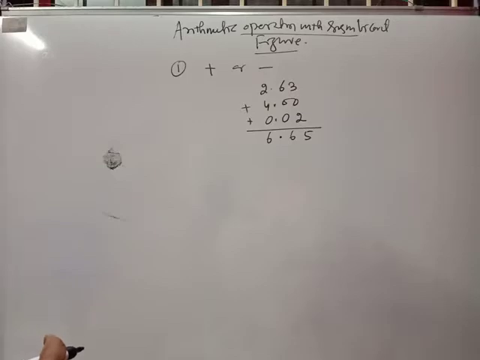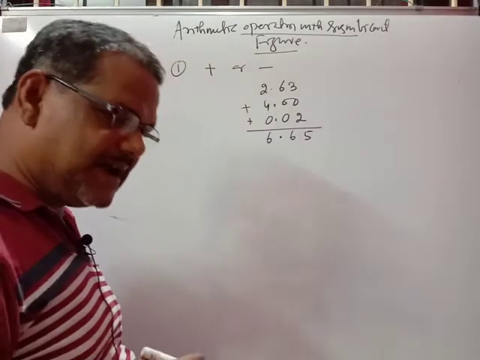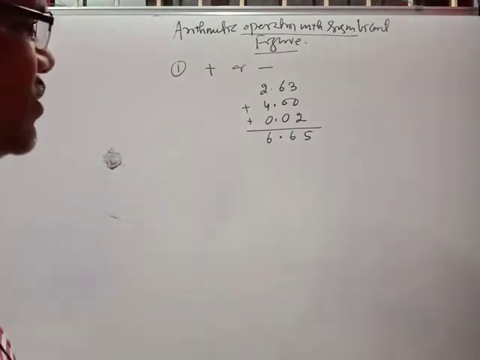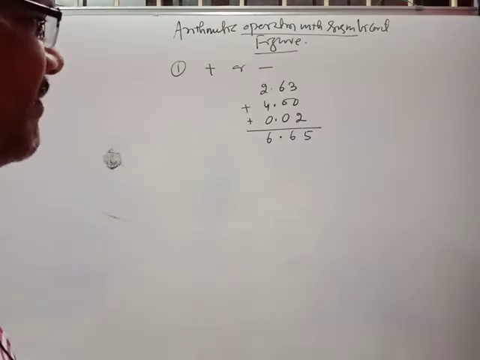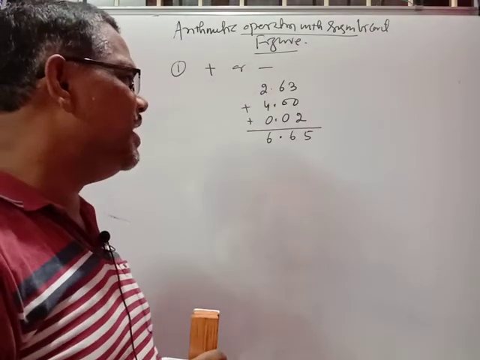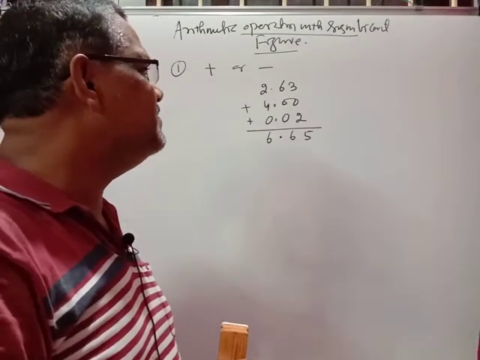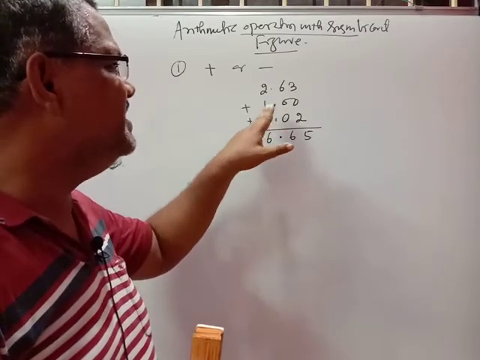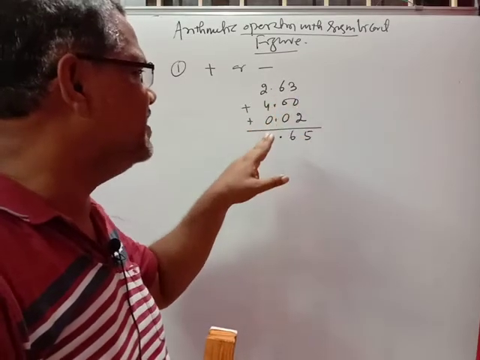The question is, what will be the result on the basis of significant figures? In case of addition and subtraction, the result that is obtained will be rounded off and will attain the minimum number of digits after the decimal point.